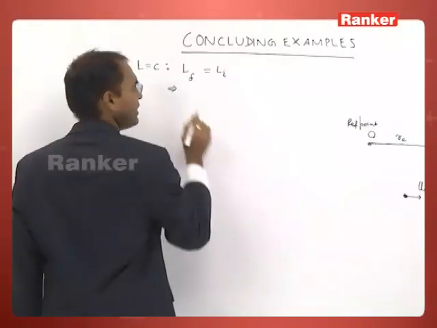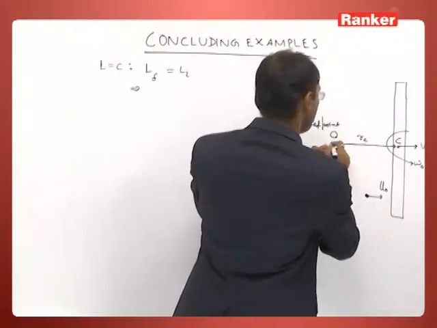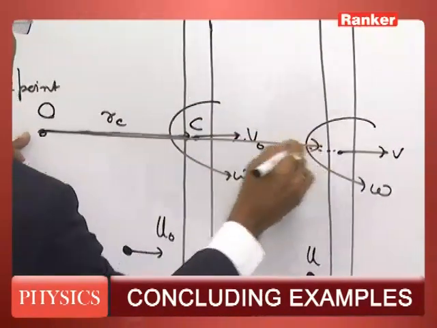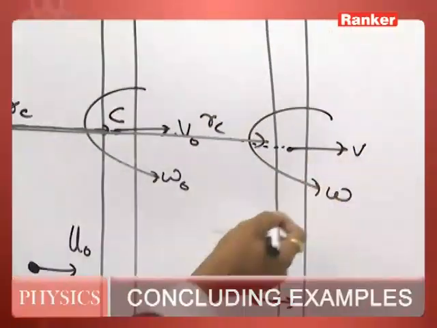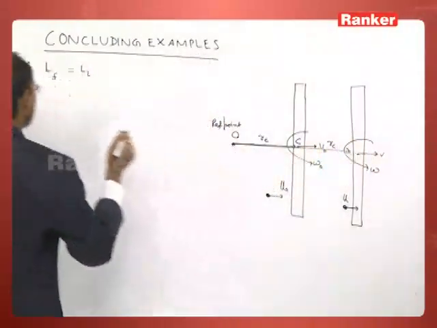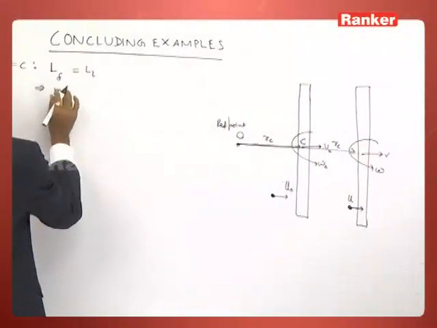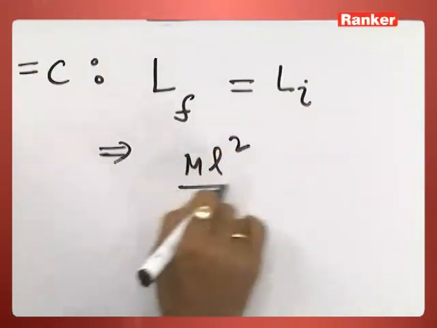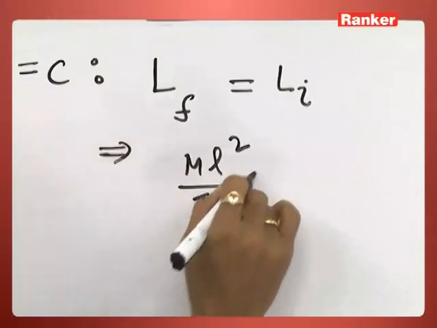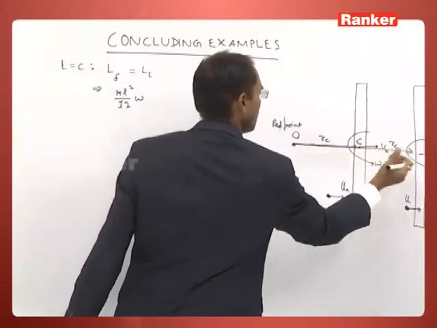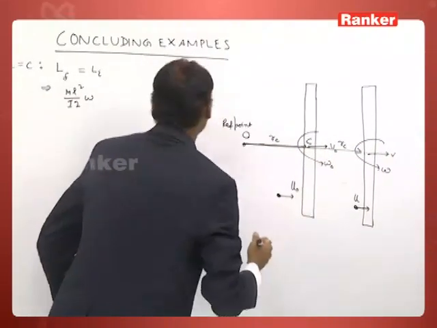The final angular momentum of the rod is only the spin part, that is capital M L square by 12 into omega. We have taken omega in the positive z direction.